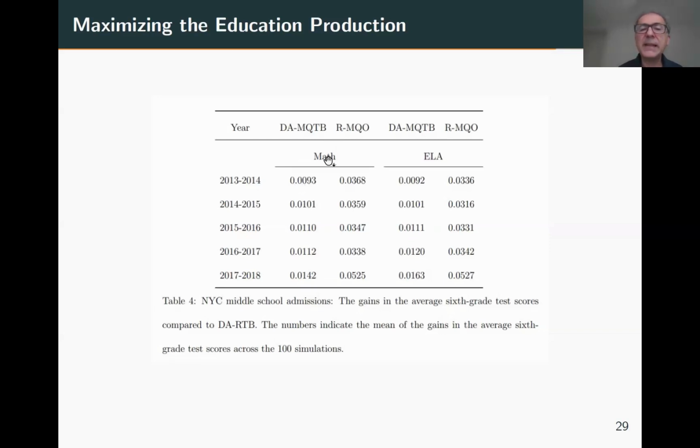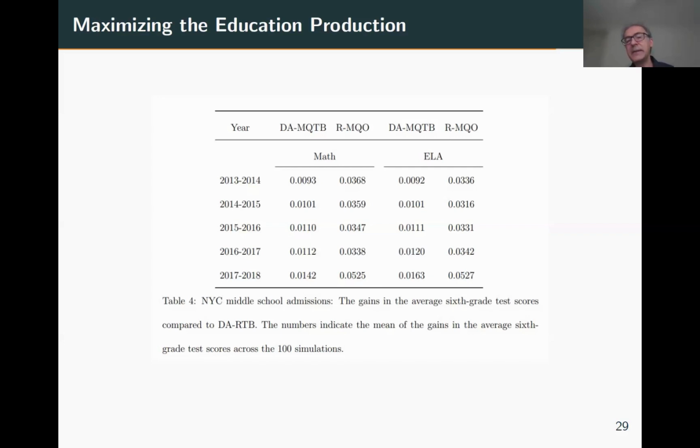If I break the ties by using match quality, that actually improves students' achievements up to about, in 2017 to 18, like 1% standard deviation. But if I do, excuse me, match quality optimization on top of deferred acceptance with random tie breaking, that actually increases math achievement by 5% standard deviation. And that's a huge increase.